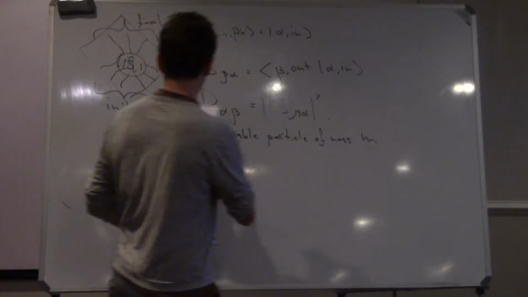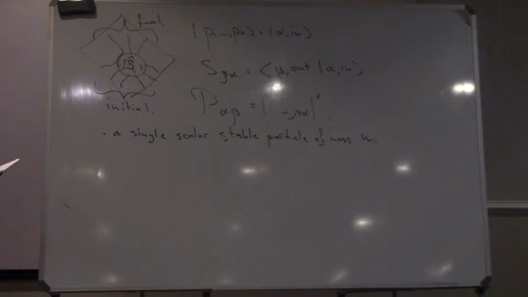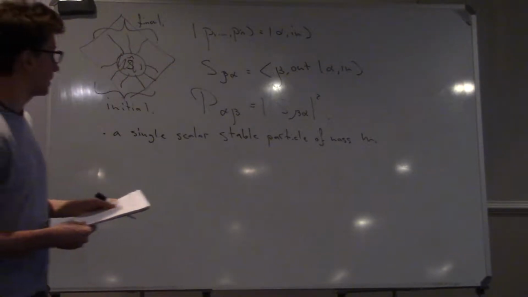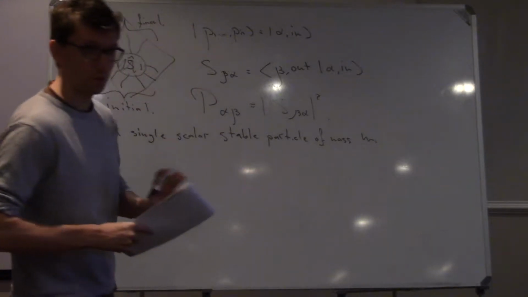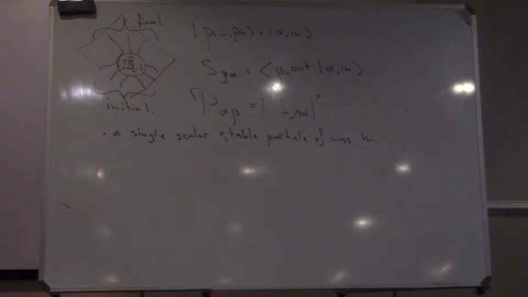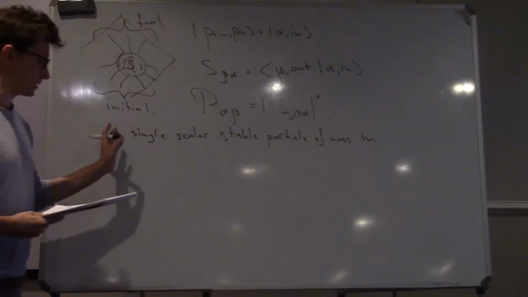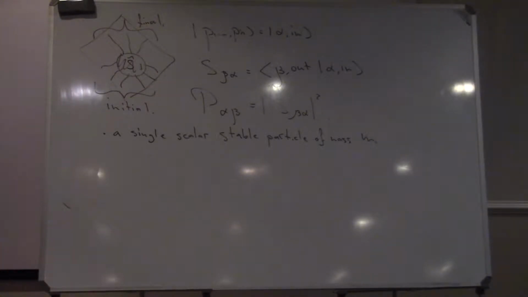So all these particles will be scalars, and we will consider most of the time 2-to-2 scatterings. So this is a very general framework. Very many QFTs fall into this category, or related ones with a slightly different set of particles.